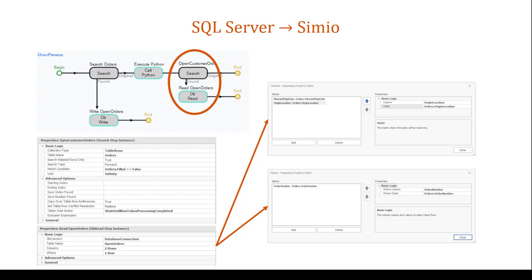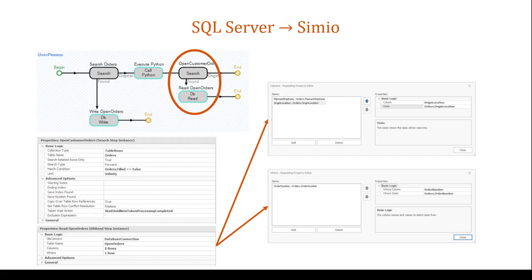Once the Python script has been executed via the call Python step, Simio must retrieve the new data from the SQL Server database and update the orders data table. This second search step is identical to the first search step because Simio needs to check whether updates exist for each unfilled order.